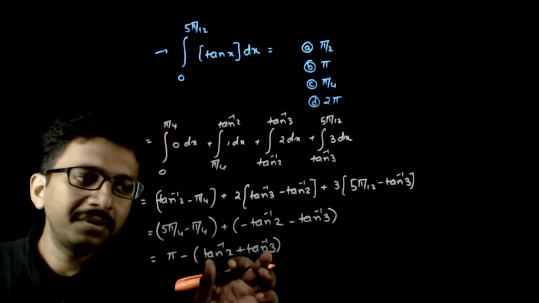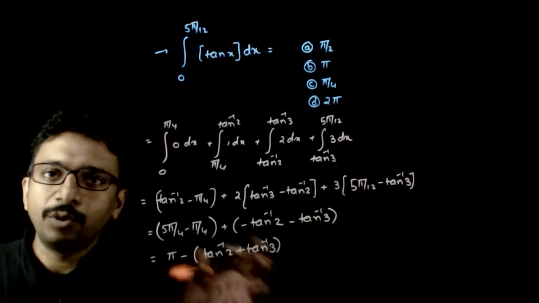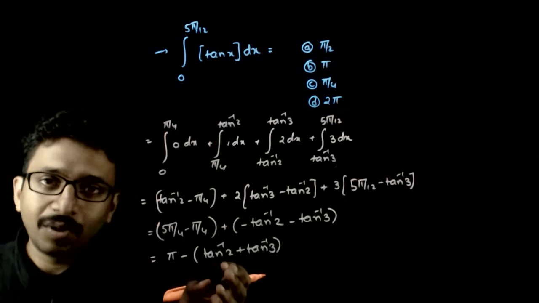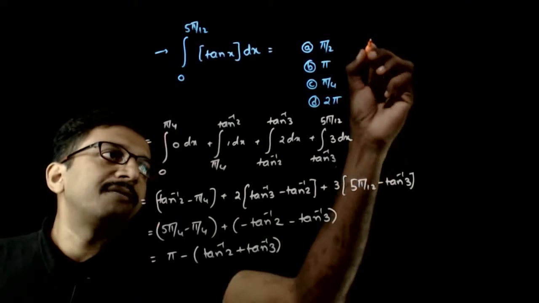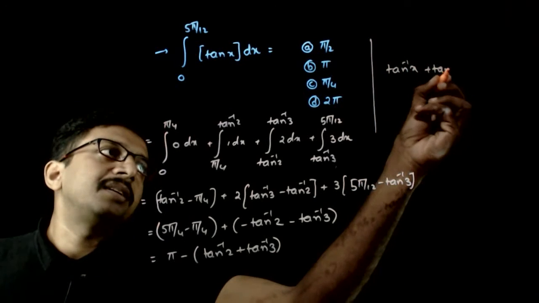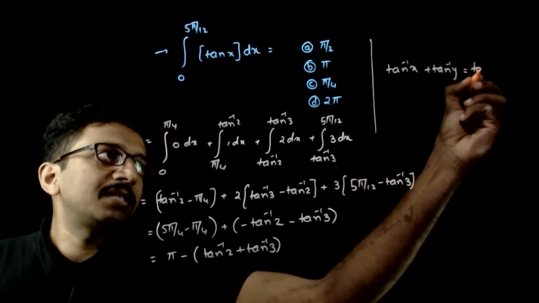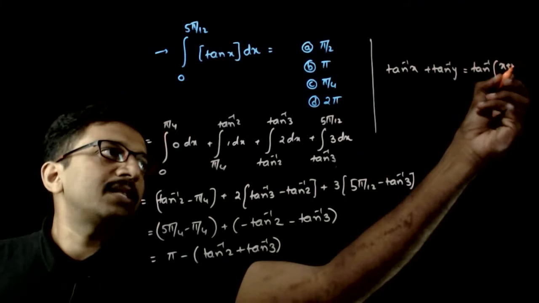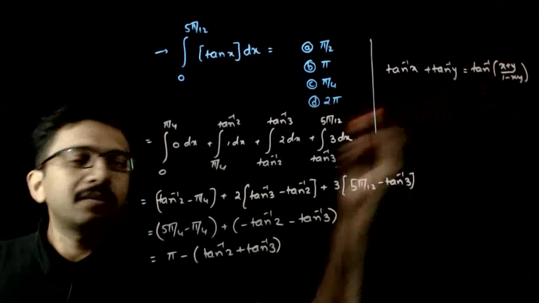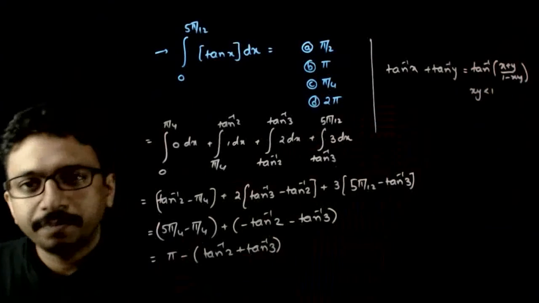Now we have come to the topic of inverse trigonometric functions: tan inverse 2 plus tan inverse 3. What is the formula? You have two formulas for tan inverse x plus tan inverse y. Tan inverse x plus tan inverse y is tan inverse of (x plus y) by (1 minus xy). This is the standard formula, and it applies when xy is less than 1.